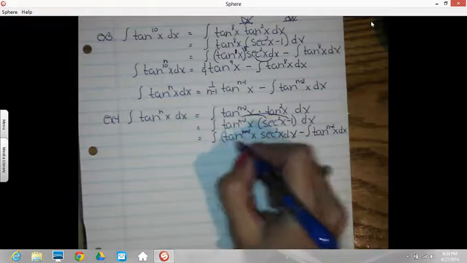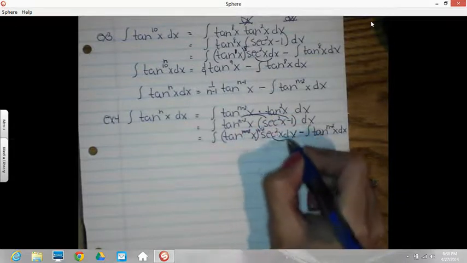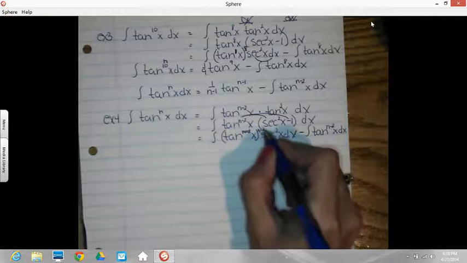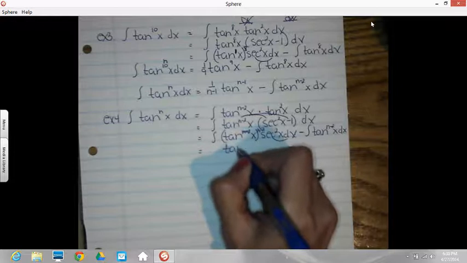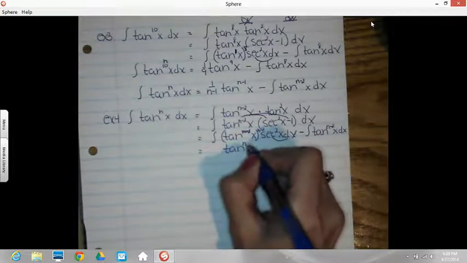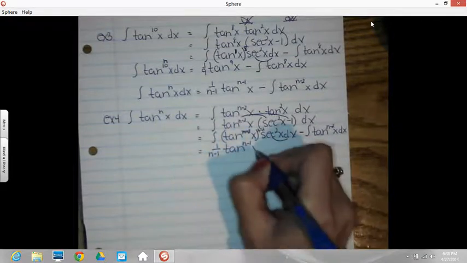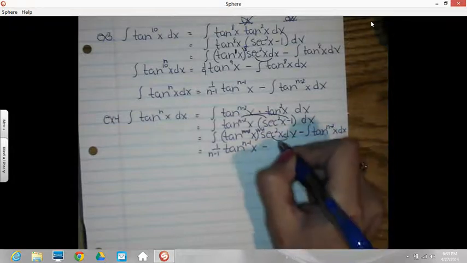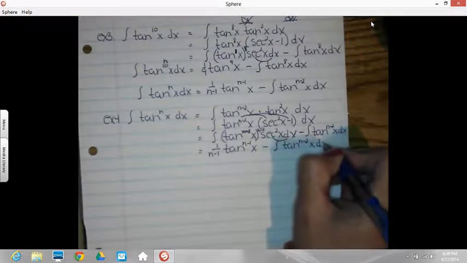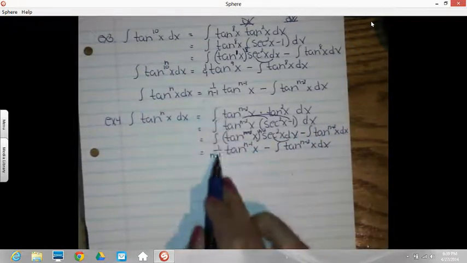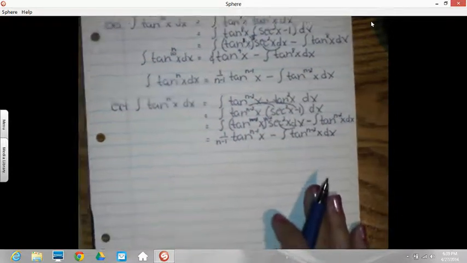Again, this is tan to the n minus 2. The inside derivative is secant squared. So now I can apply the power rule here, where I add 1 to that. So if I add 1, that will give me n minus 1. So I have to multiply by that reciprocal, 1 over n minus 1. And minus the integral of tan n minus 2 x dx. So let's see, 1 over n minus 1, tan to the n minus 1, minus integral. Got it. Okay, not too bad.